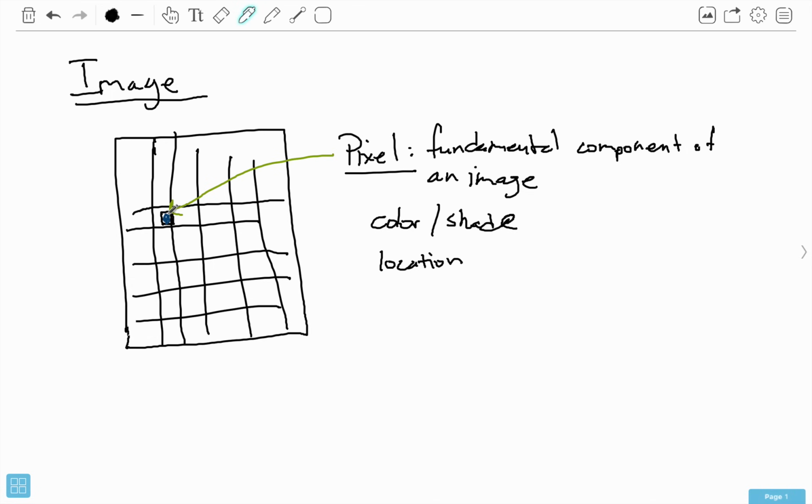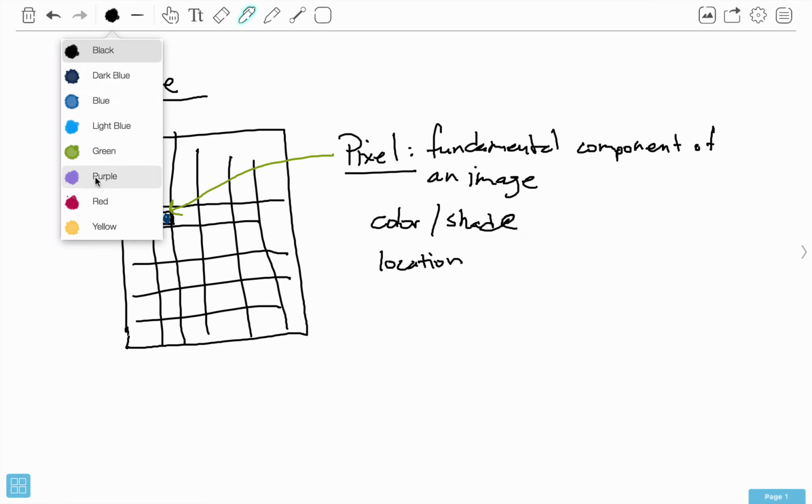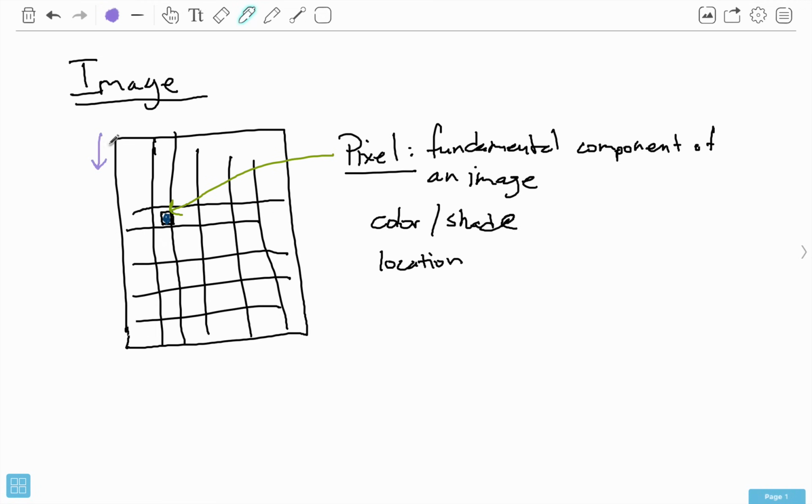What I mean by position is that we can set up a coordinate system inside this image. The way it works is that the top left is considered 0, 0, kind of like a coordinate plane, like what you're used to. But in this case, the top left is the origin, so this is the X and this is the Y direction.